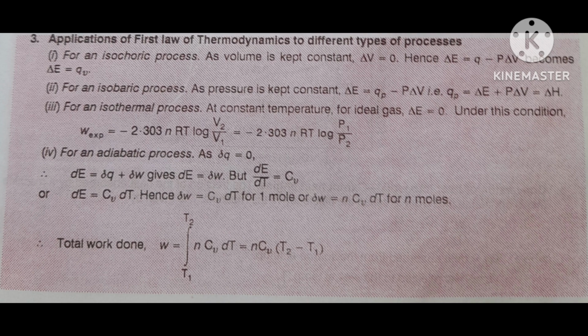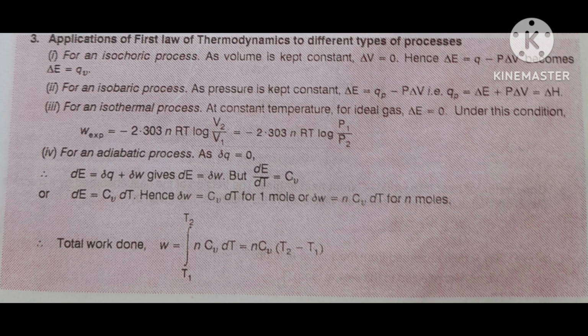Shortcut, you can write W and down EXP, equal to minus 2.303 nRT log. Actually it was ln; you have converted ln into log, that's why you have multiplied by 2.303. And minus means work is done by the system.